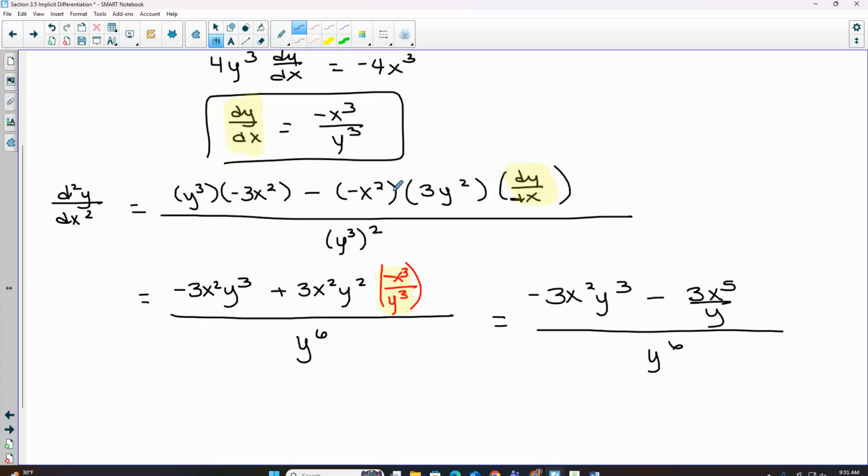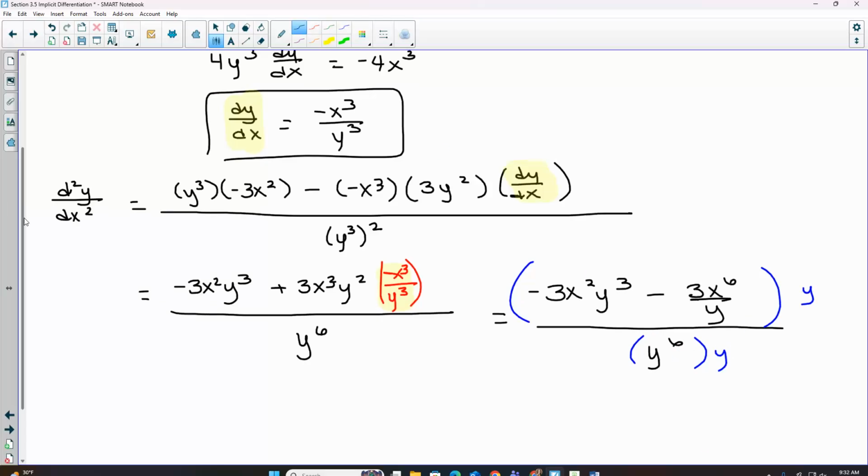Well, that should be a 6, right? This was a 3. I think I accidentally changed it to a 2 in the middle. Misread my own handwriting. We don't want to leave a fraction in a fraction, so the easiest way to get rid of it is multiply everything by the denominator, which was y.